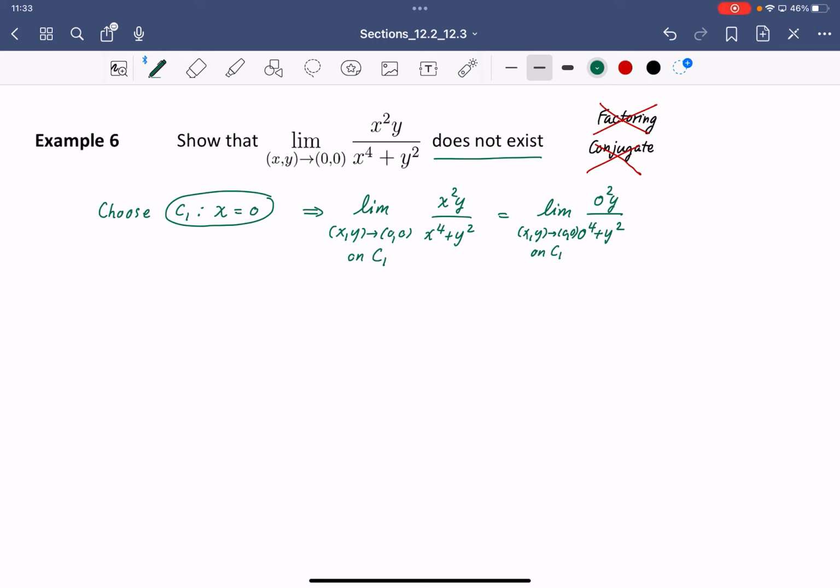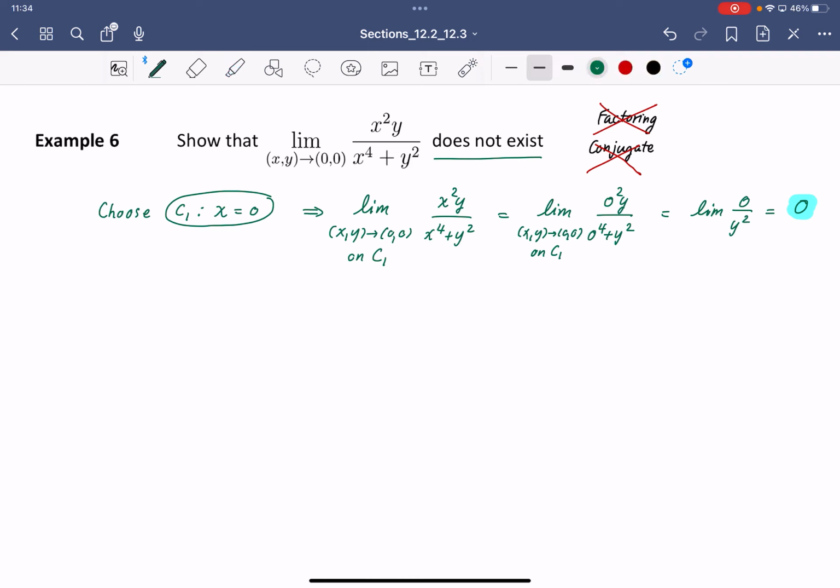It's 0 over y squared. And when you compute the limit of 0 over y squared, you get 0. So on the first line you get limit equal to 0. You need to find another one where the limit is not equal to 0.